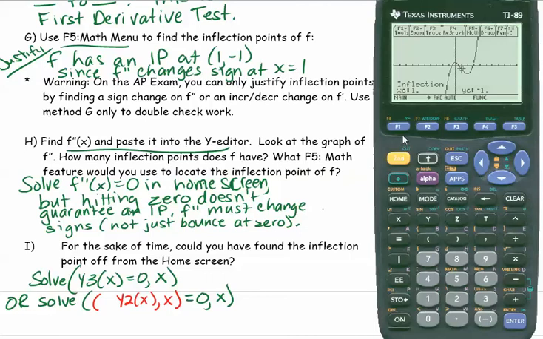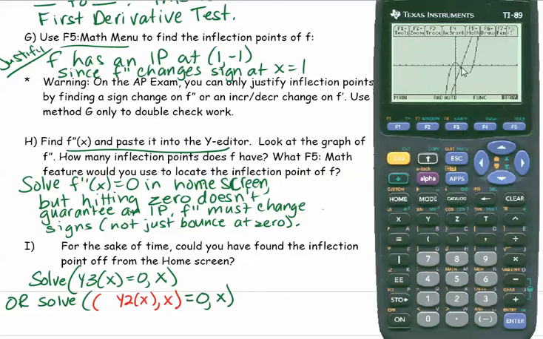And if you're a doubting Thomas, let's go to our y editor, and in y3, let's do that second derivative. So we'll do the derivative of y2 of x with respect to x. So here's our second derivative. And if we go to the graph, notice I'm only graphing f and f double prime.